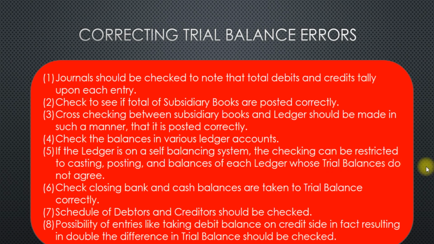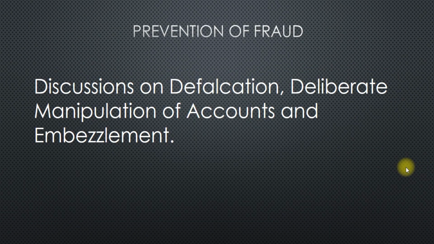Next, we'll take a look at what is fraud and how do we prevent fraud. This discussion involves defalcation, deliberate manipulation of accounts, and embezzlement. We'll see what each of them are.